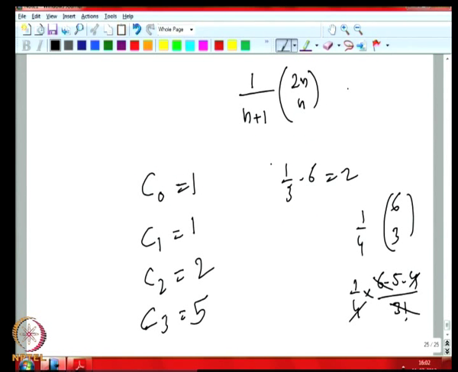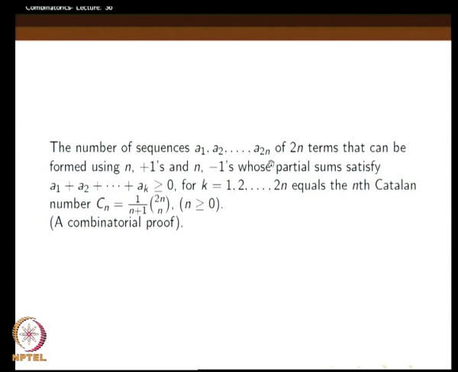Now, our next question is about some sequences. We will see that Catalan numbers happen to be the answers of several other questions also. At first look they may look different, but we will show that the underlying recurrence relation there is also the same as this. Maybe that is one way of figuring out whether the Catalan number is hiding inside, irrespective of the appearance of the problem.